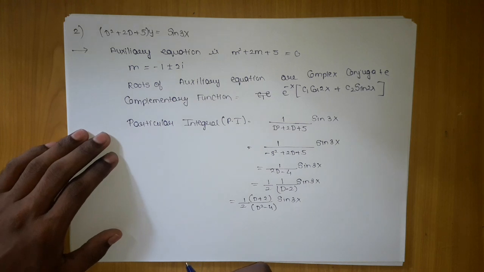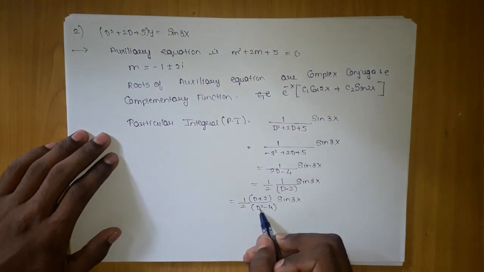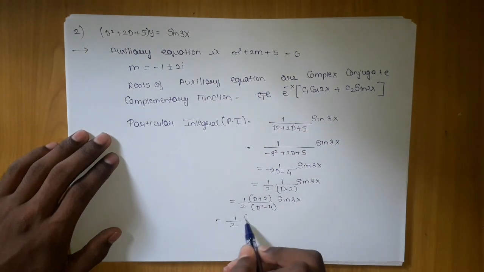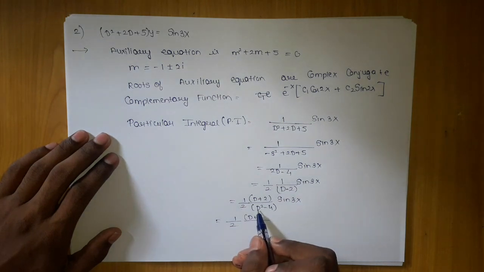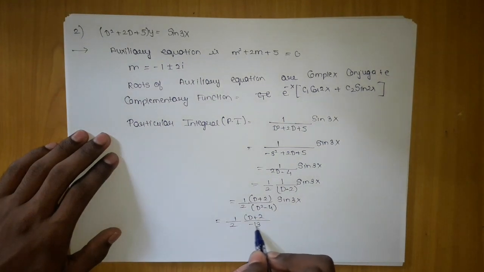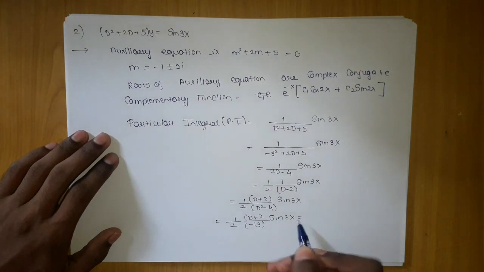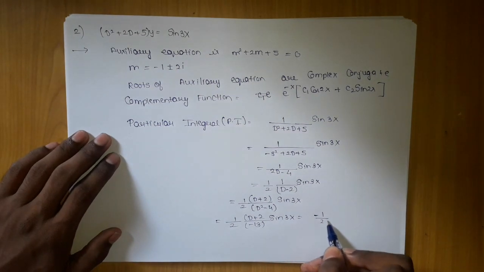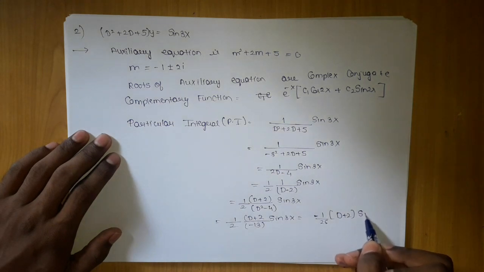Now we will do a simple thing. Here replace d square by minus 3 square, which gets me 1 by 2 into d plus 2 the whole upon minus 3 square is minus 9, minus 9 minus 4 is minus 13, into sin 3x. So finally we end up with 13 into 2, which is minus 1 by 26, keeping outside, and we multiply this sin 3x with d plus 2.